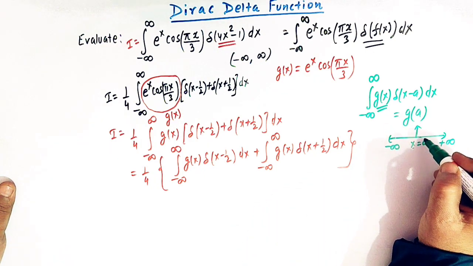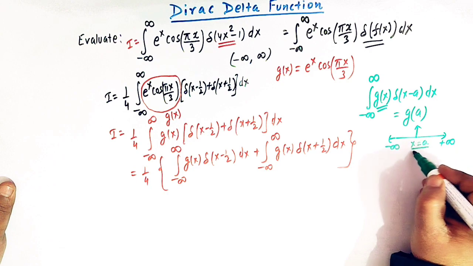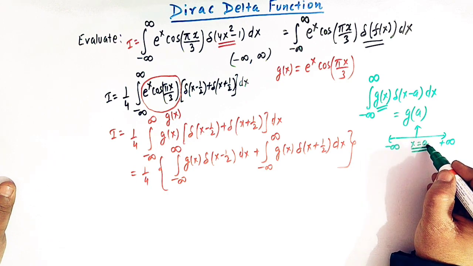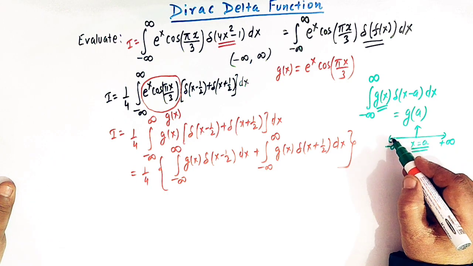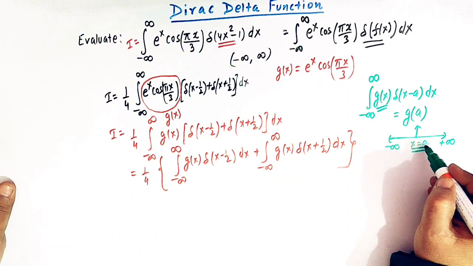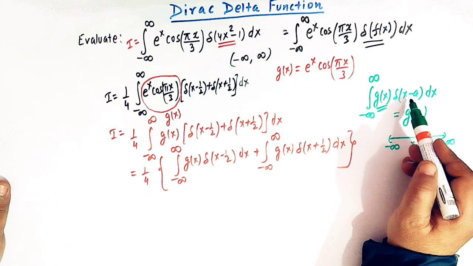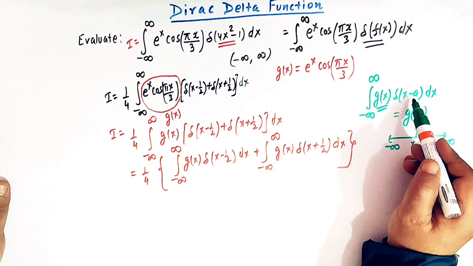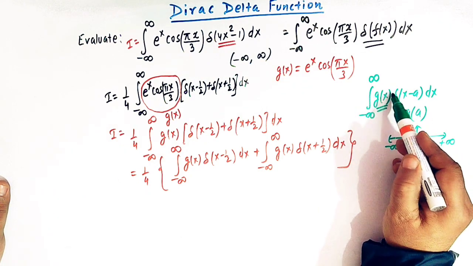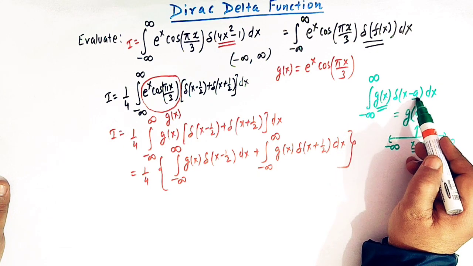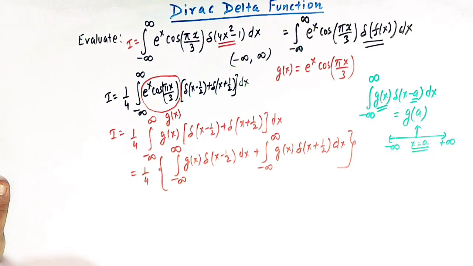So the delta function exists only at x is equal to a, and at all other points the delta function is 0. So the value of this integral is equal to the value of the function g of x at x is equal to a.